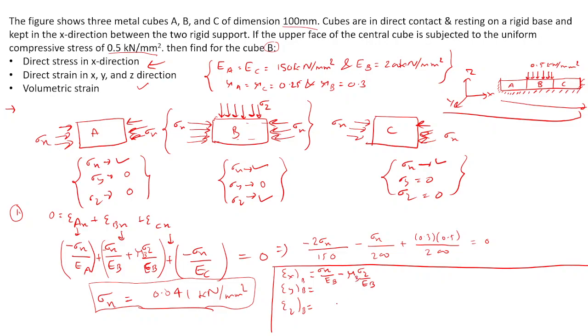It is mu b, and epsilon y in block B would be minus mu b outside. Because in the y direction no stress is there, only due to the transverse stress strain would come in the y direction. So it would be minus mu b, sigma x by EB plus sigma z by EB.